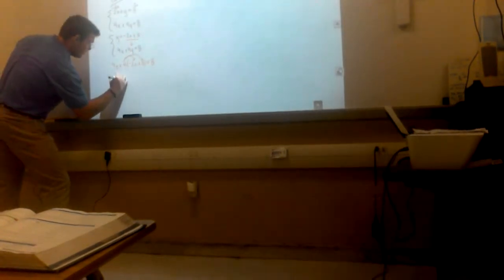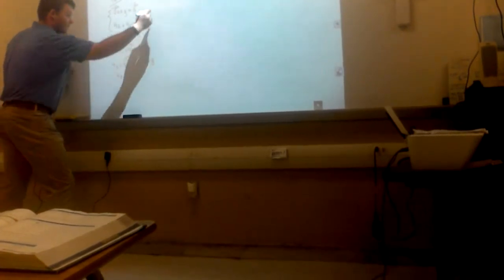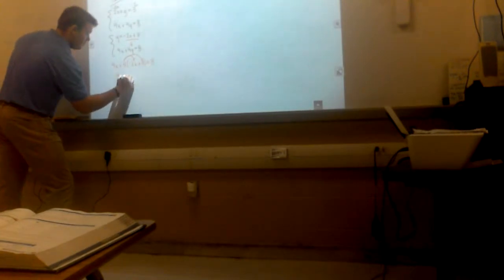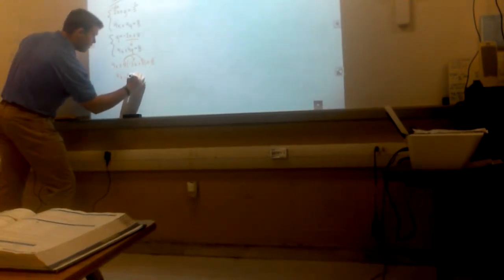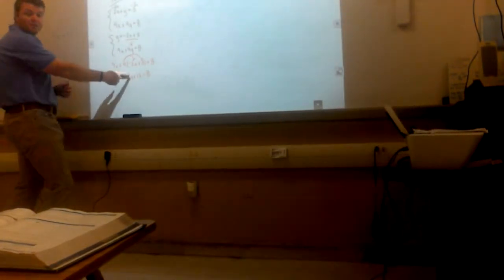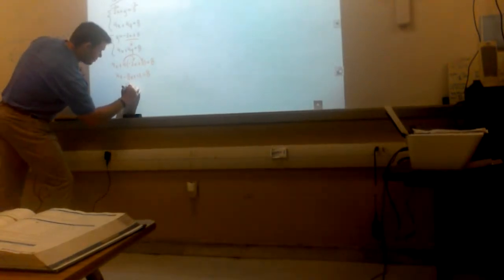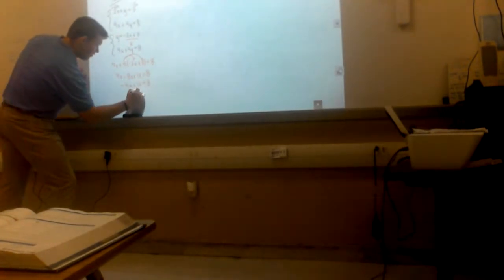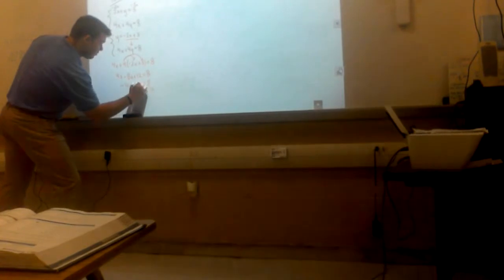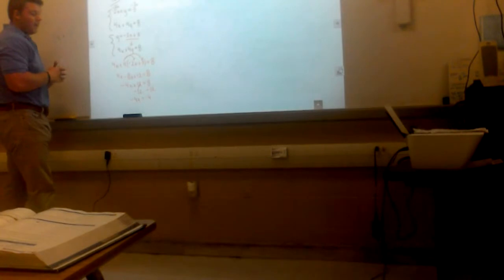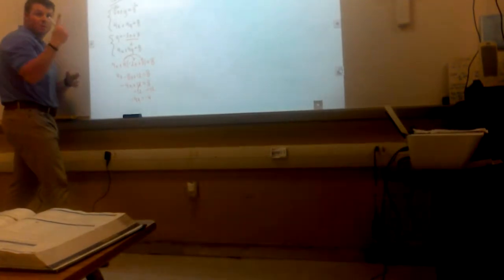We have 4x minus 8x plus 12 equals 8. 4x and 8x, like terms, correct? They combine, you got a negative 4x plus 12 equals 8. Move the 12 over. You have negative 4x equals negative 4. So x equals what? 1.